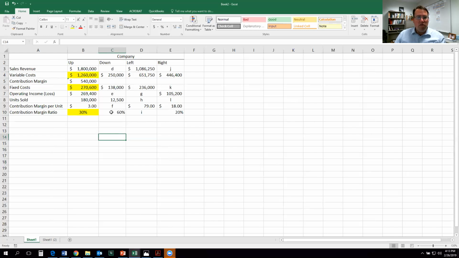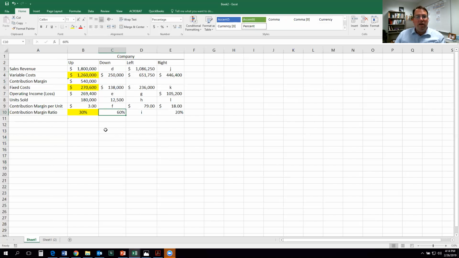So I know that my contribution margin ratio, which is a known number here, is my contribution margin divided by my sales revenue. But I don't know my contribution margin. But I do know that my sales revenue minus my variable costs is the same as contribution margin. So I know then that sales revenue minus variable cost, which is contribution margin, divided by sales revenue equals contribution margin ratio.